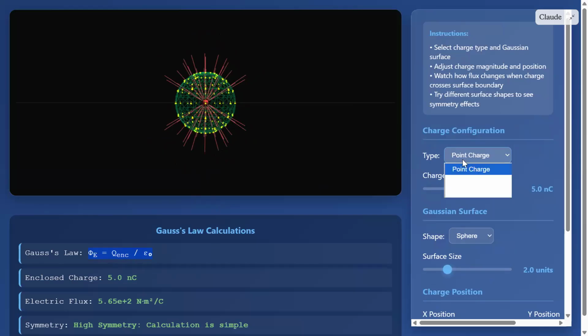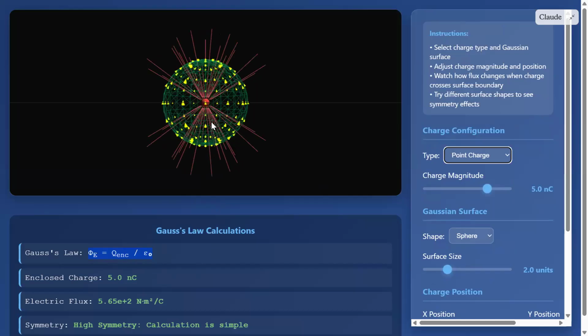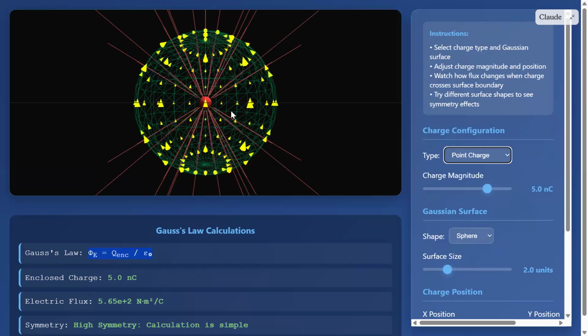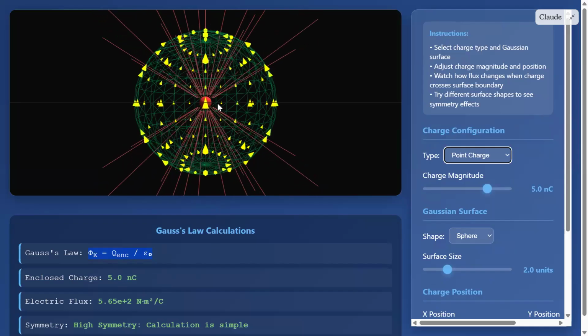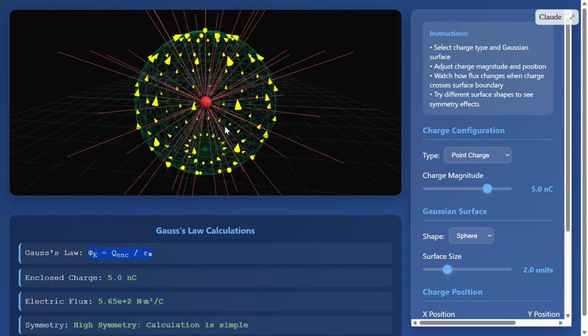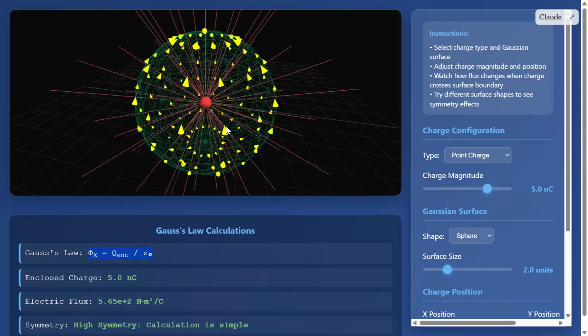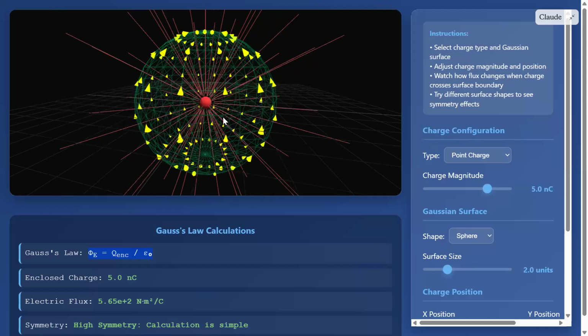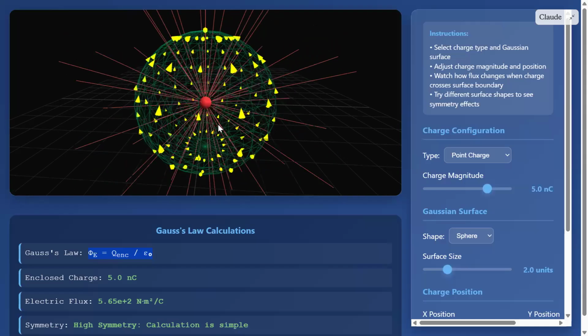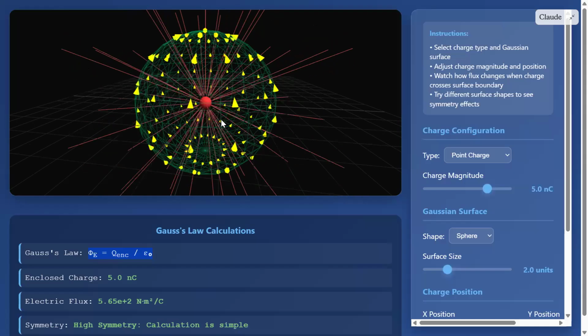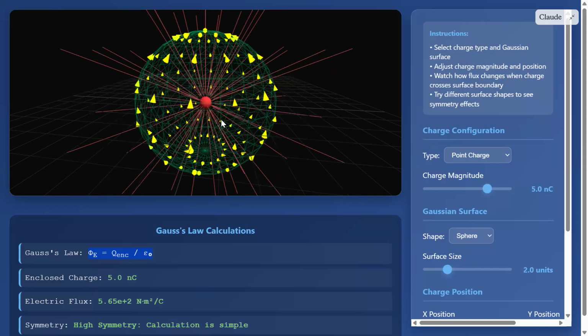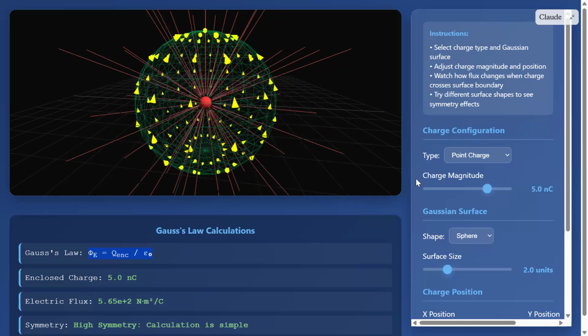Now choose point charge. You can see that one point charge is at center. The red color lines mean electric field lines; they radiate away from the charge.